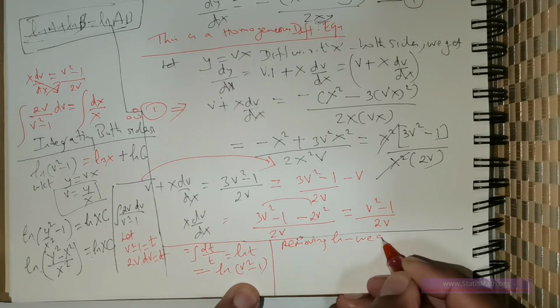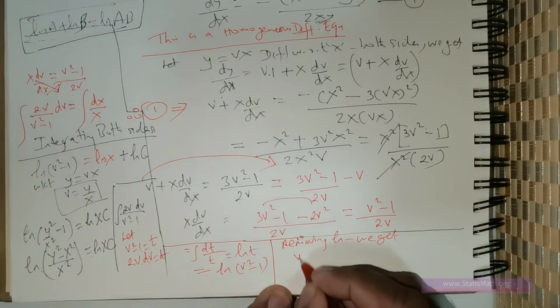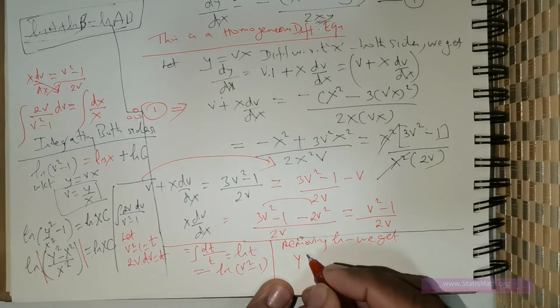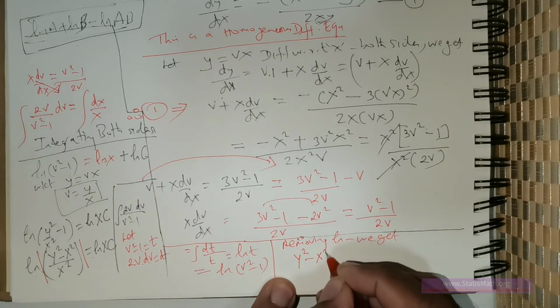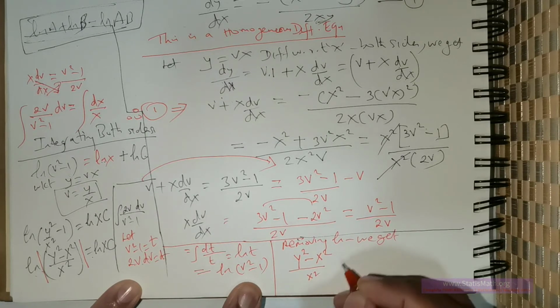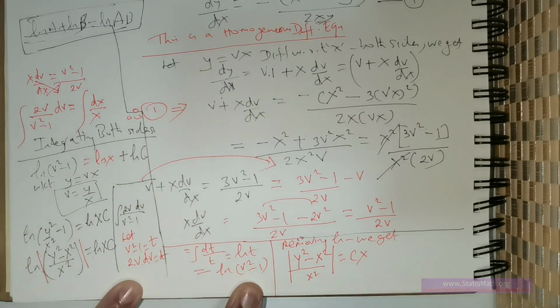we get, so what do we get? It's better you place the modulus sign, since we don't know the value of x and y. So you get the modulus of (y squared minus x squared) divided by x squared is equal to c times x.